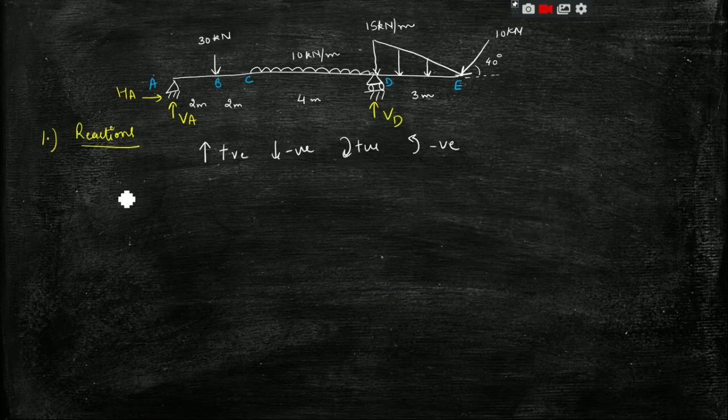First we will use the equation sigma M. You can use any point, so I am using sigma M_A equal to 0. This is the equation of equilibrium, showing that the sum of the moments of all the forces about point A will be 0. So we will take the forces one by one.